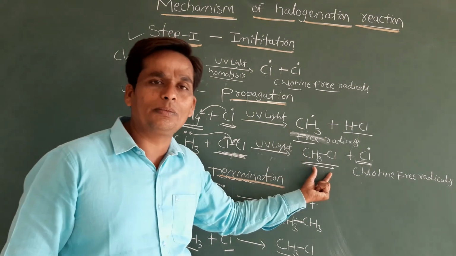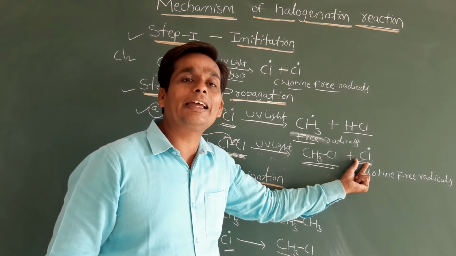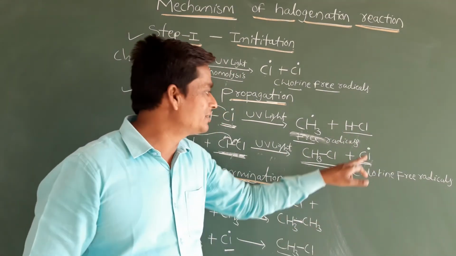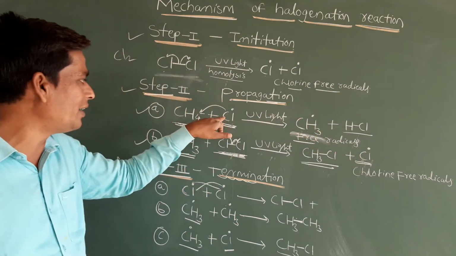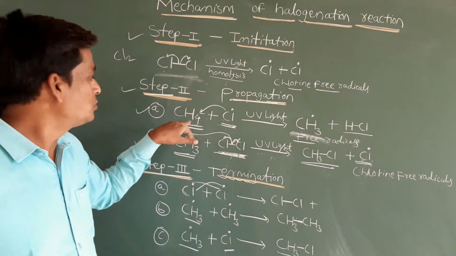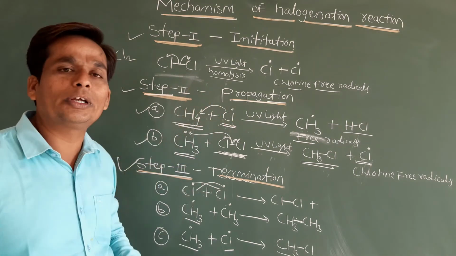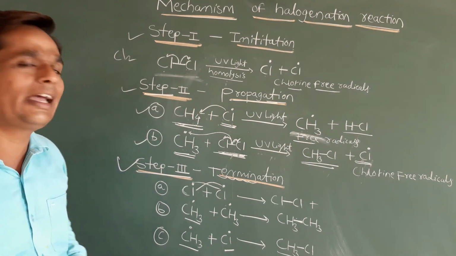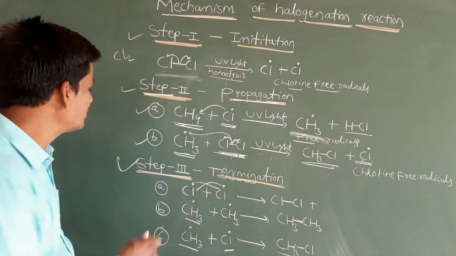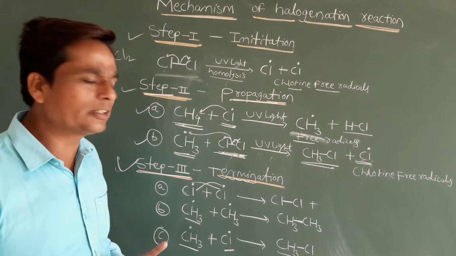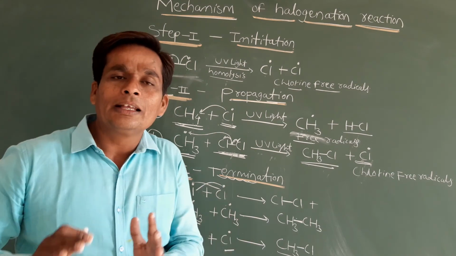in presence of UV light, it forms CH3Cl and generates the Cl free radical, and this Cl free radical again reacts with another methane molecule. So step A and step B proceed continuously. You can see it is propagation. We need to stop this reaction, so we use the termination step, the third step. Now clear, students, in termination we use the same free radicals.